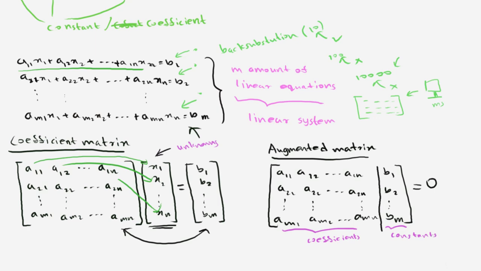So this is a mathematical representation as an augmented matrix in order to represent the corresponding linear system. Those are the two types of matrices that we can use to represent the linear system. In the next video, let's look at how to solve such linear systems by using these matrices.